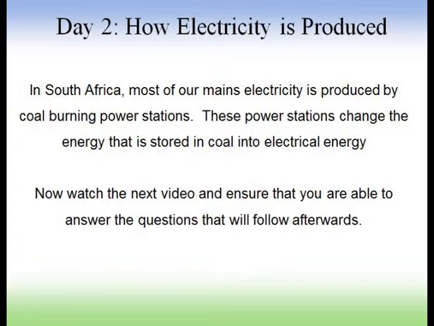In South Africa, most of our mains electricity is produced by coal-burning power stations. These power stations change the energy that is stored in coal into electrical energy. Now watch the next video and ensure that you are able to answer the questions that will follow afterwards.